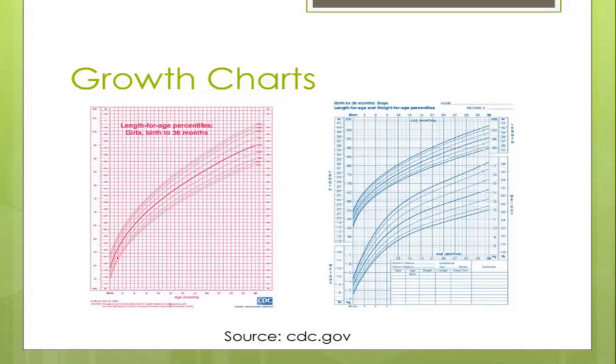When you have your patient going through examination in certain periods of time, you have this curved line, which is the length for age percentiles in girls until the 36th month.